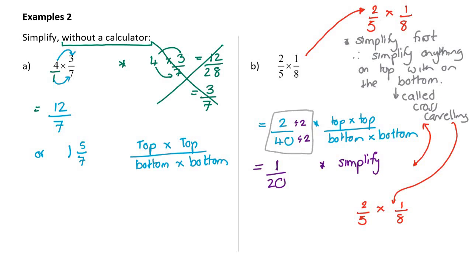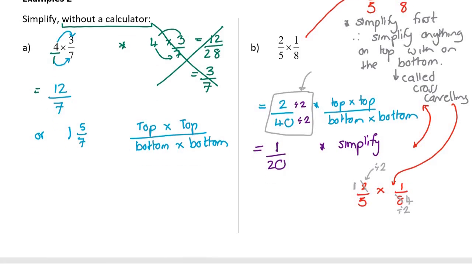So I'm going to say 2 goes into itself once, 2 goes into 8 4 times. Now that's why it's called cross-cancelling, because you're crossing out a number. But basically what I'm saying is 2 divided by 2 is 1 and 8 divided by 2 is 4. So I'm dividing something on the top and something on the bottom by the same number, which is exactly what I did there. So I'm just simplifying first.